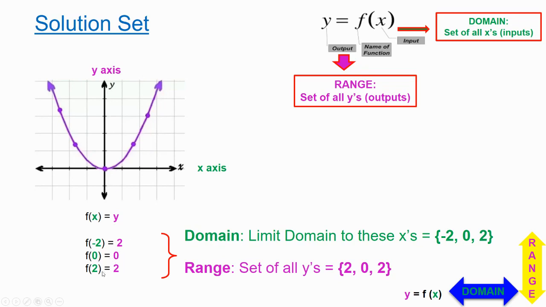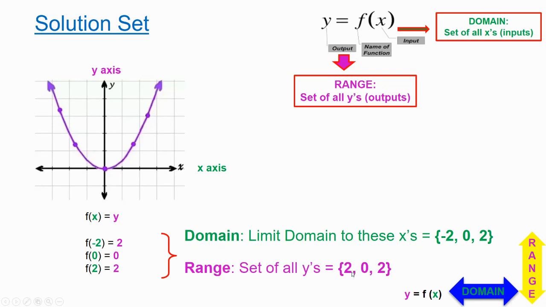Okay? What about f of 2? Well, 2. There you go. f of 2 is also 2. Okay? So now we say, just for these three very specific or discrete points, if you give me this domain, I'm going to give you the range. And what I got was 2, 0, 2. And in fact, I wrote it duplicating the 2.